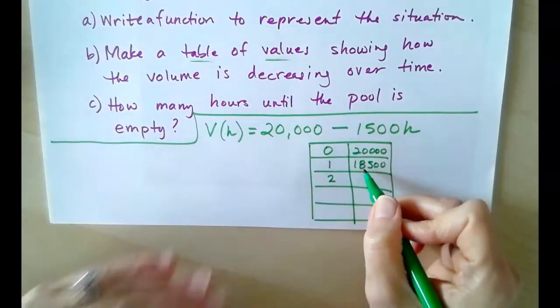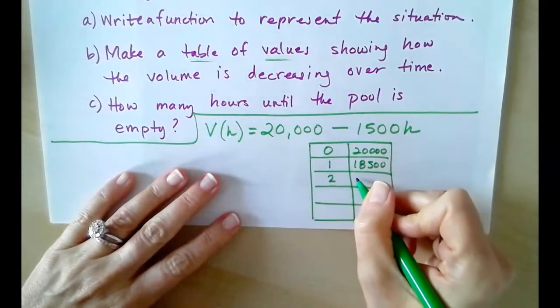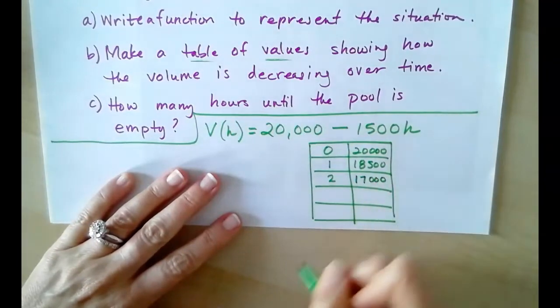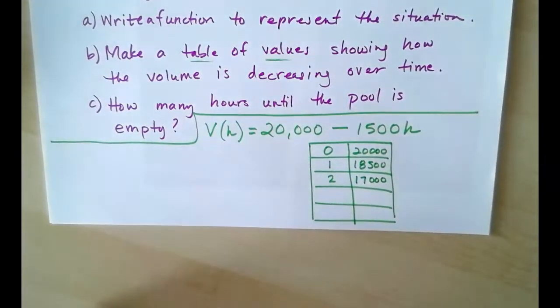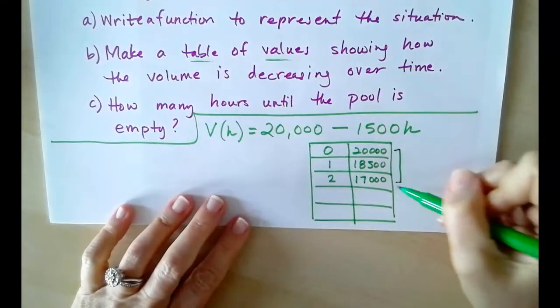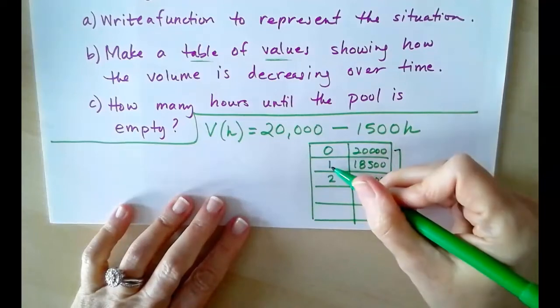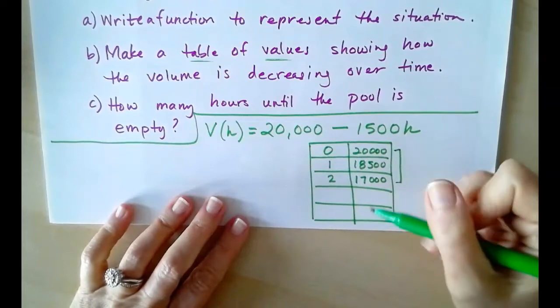So 18,500 minus 1,500 is, what is it? 17,000. Here we go. So let's think about this an easy way, and this is where the table of values is helpful. So we can see that after 2 hours it went down by 3,000 gallons. So how about instead of going down by 1, how about we go down in increments of 2?